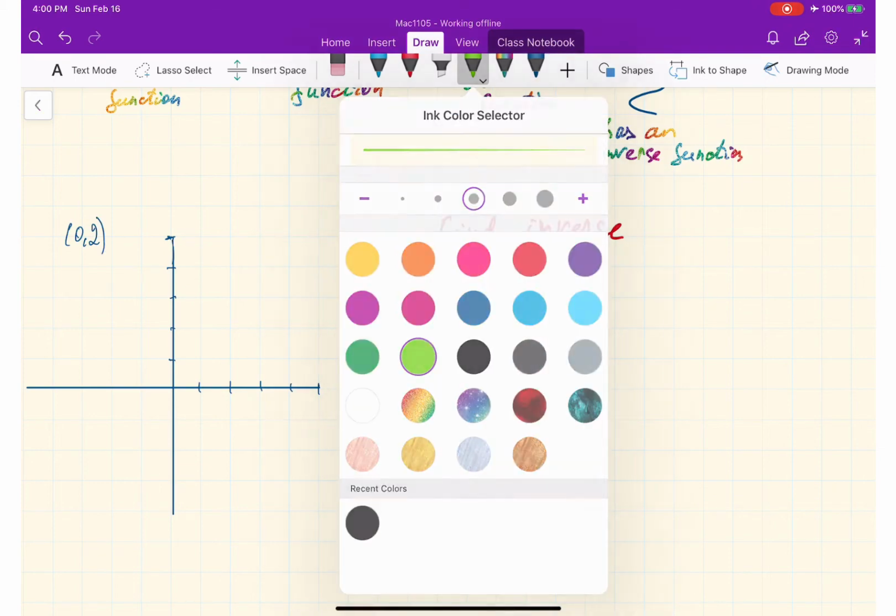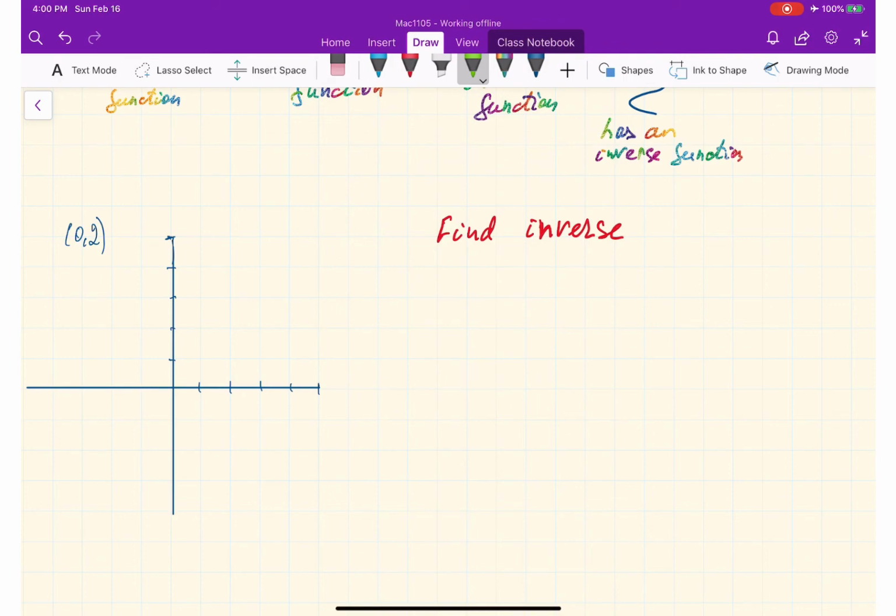And then we are going to find the coordinate 2 and 5. And then it's going to be 4 and 5.